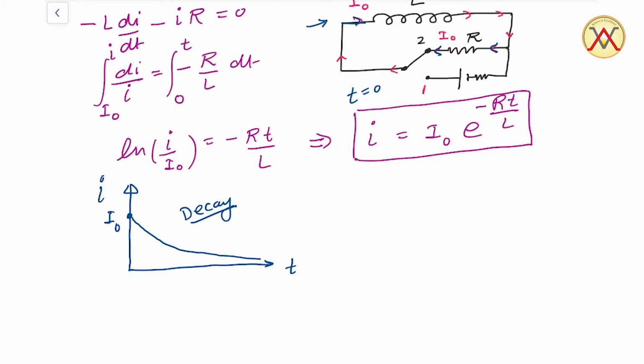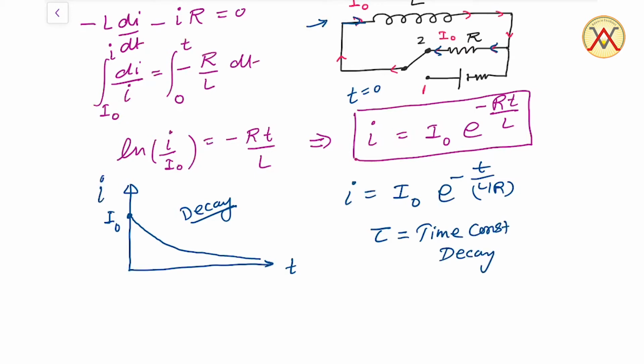Now here the current is I0 e power minus t upon L by R. Here L by R has the dimension of time, which is called the time constant, and this is the time constant of the decay circuit, equal to L divided by R. This is our current decay circuit.